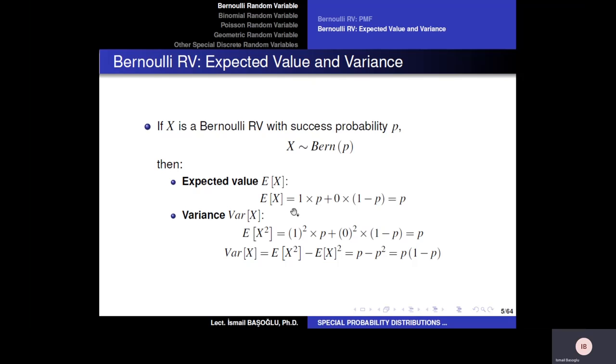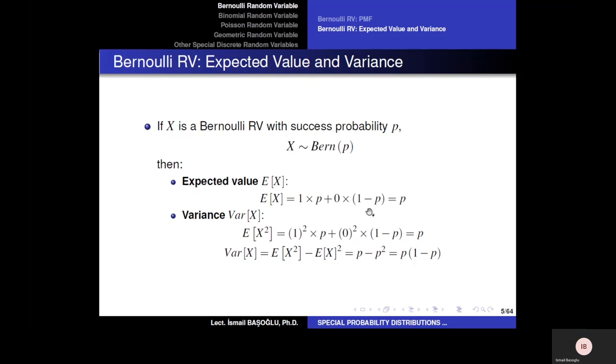In that case, for a Bernoulli random variable, 1 must be multiplied with the success probability and 0 must be multiplied with the failure probability. And the expected value of a Bernoulli random variable with success probability p will be equal to its success probability p.